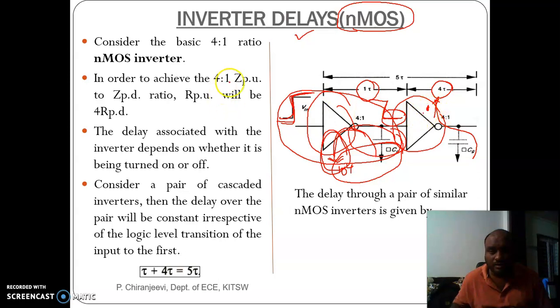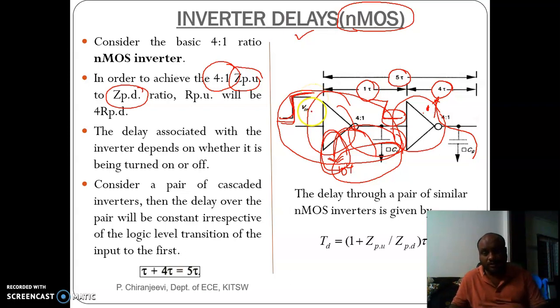Because the ZPU by ZPD ratio of an NMOS inverter is 4:1. So put together, the total inverter delay is 5 tau. In general, for a pair of similar NMOS inverters, the inverter delay can be generalized as 1 plus ZPU by ZPD, into tau.